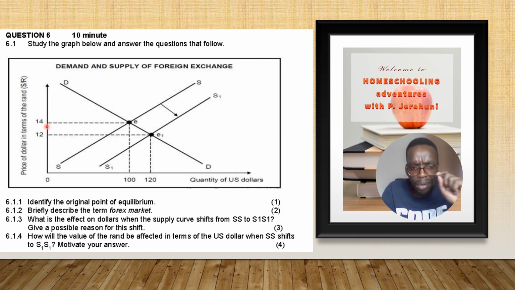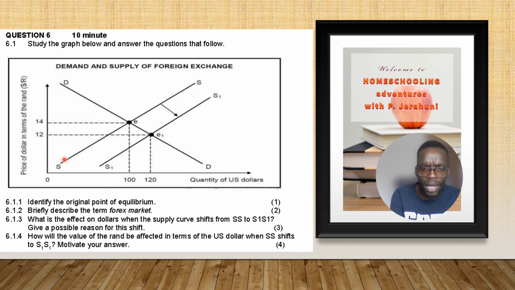So we are saying this is the amount of money that you have got to pay in rands to get a dollar. I hope it makes sense. So I'm going to pay 14 rands to get a dollar, and the quantity that was being supplied by the market was 100.